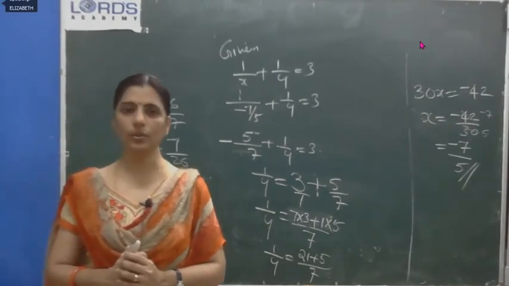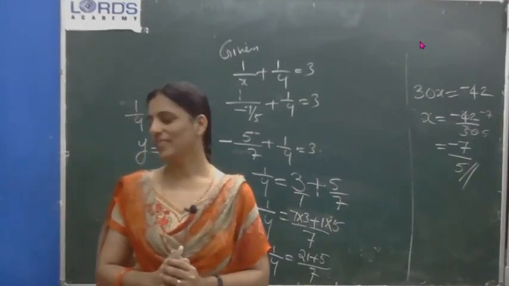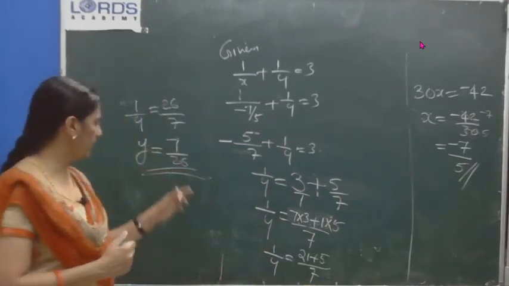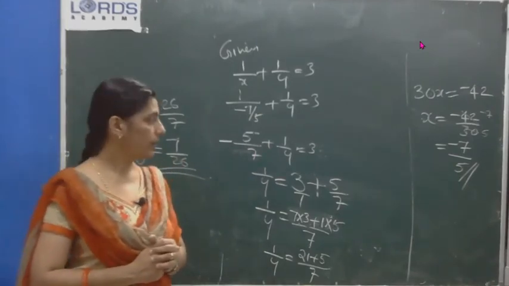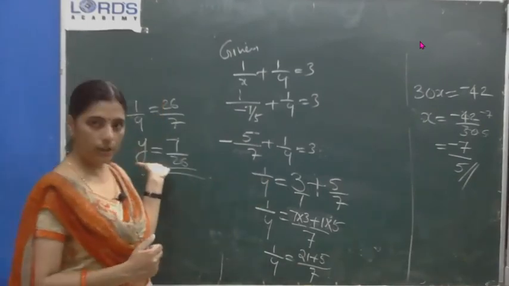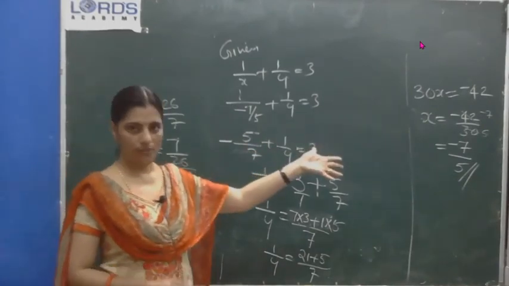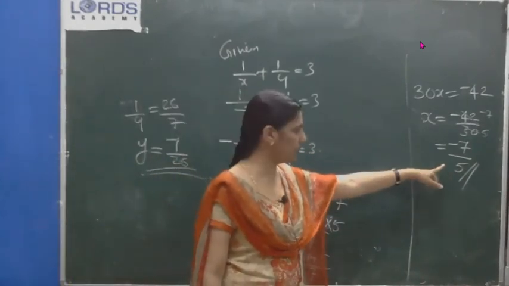No, that is not an improper fraction. Y equal to 7 by 26, not 26 by 7. You are talking about the y value or the x value? The x value, that's correct, that's improper.